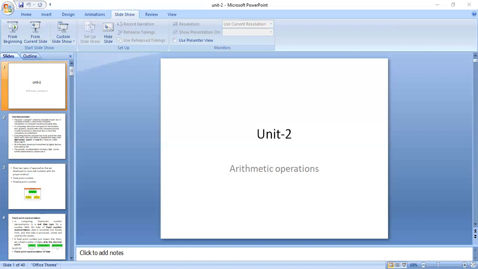So now start the process. The first step is to check the least significant bit of the multiplier. If the bit is 0, you perform the shift operations. If the bit is 1, you perform the addition, and then the left shift and right shift operations. Again check the condition, and again perform the addition, left shift, and right shift.